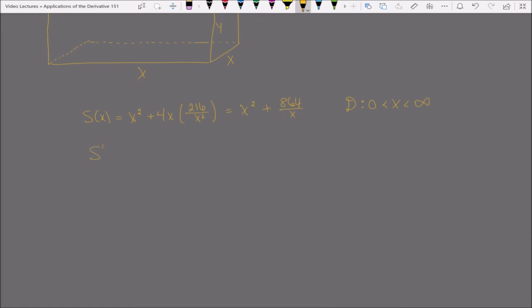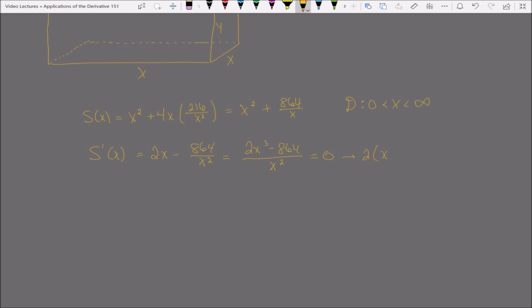So S prime of x is 2x minus 864 over x squared, right? So this will be 2x cubed minus 864 all over x squared. Since 0 is not in our domain, we can just set that equal to 0.